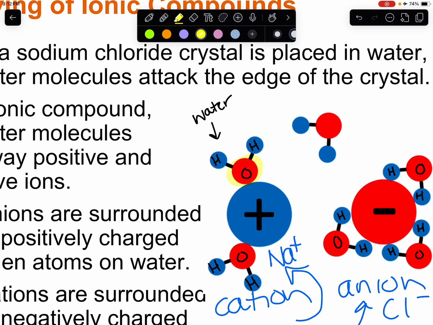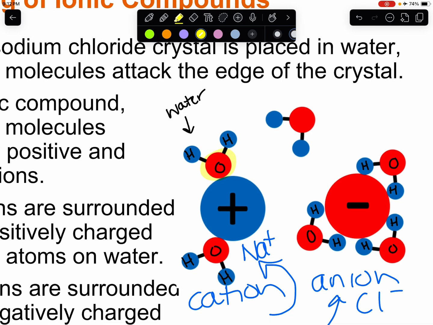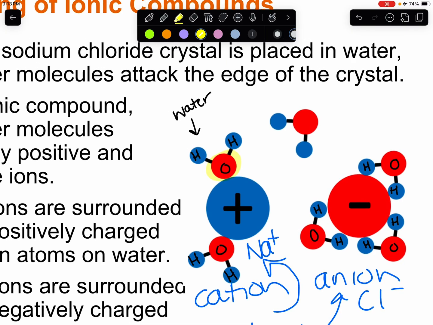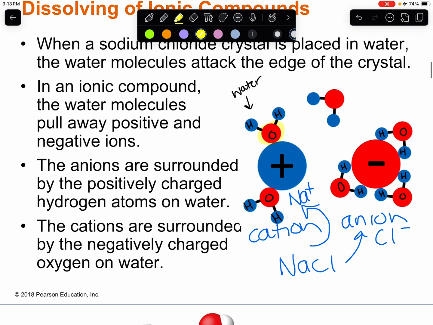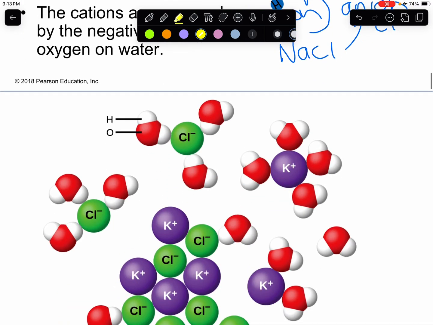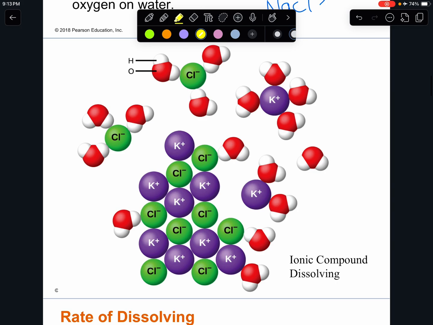The oxygen is attached to the positive component and the hydrogen is attached to the negative component. If you take another chem course, you're going to learn the term polarity, and that will explain this further. You just have to understand that ionic compounds dissolve in water or any sort of solvent by breaking apart into their cation and anion form. That's what helps it dissolve.